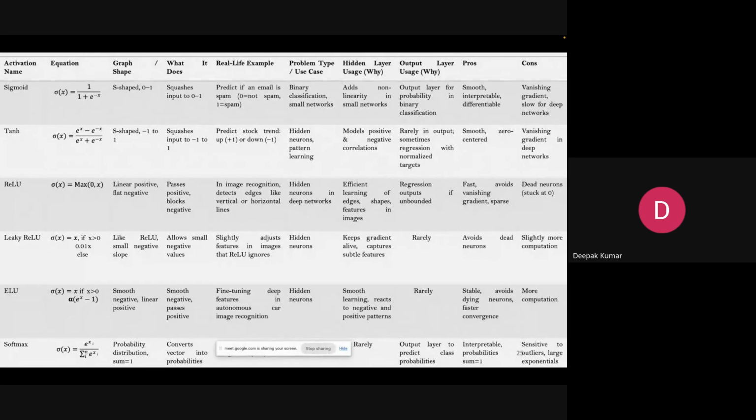And the third point, as we see the cons: initially sigmoid was quite popular, but later we got to know, when we did computation, that initially people thought if we increase the number of layers, the hidden layers in networks, we will get a more accurate answer.